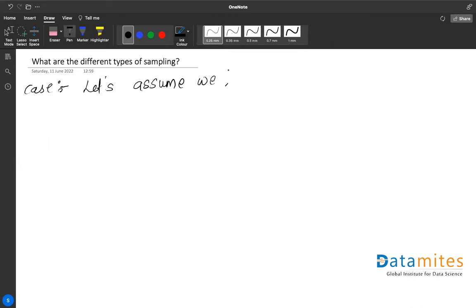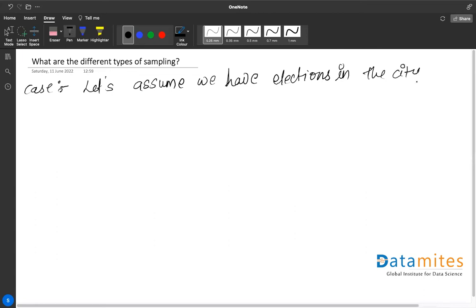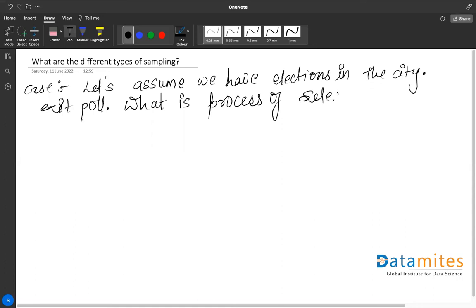we have elections in the city, and let's say I'm a media person and I want to perform the exit poll. So for the exit poll, what is the process of selecting voters?